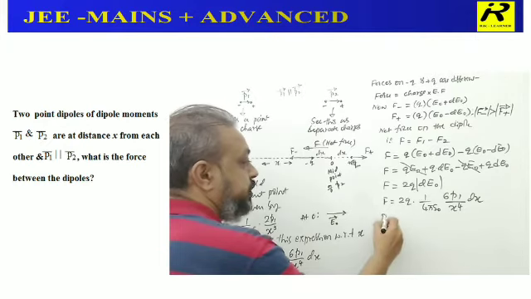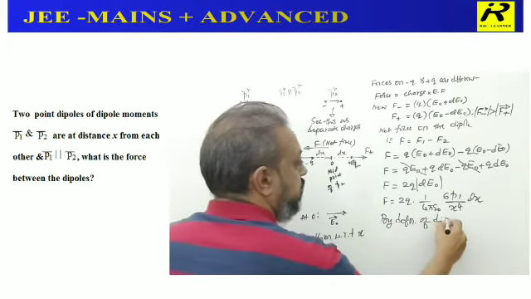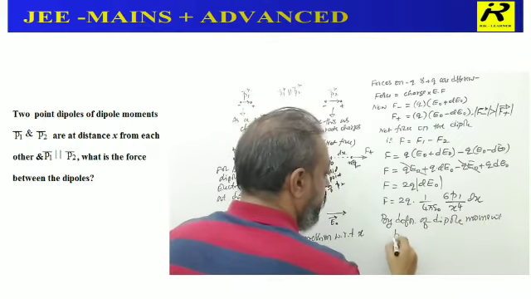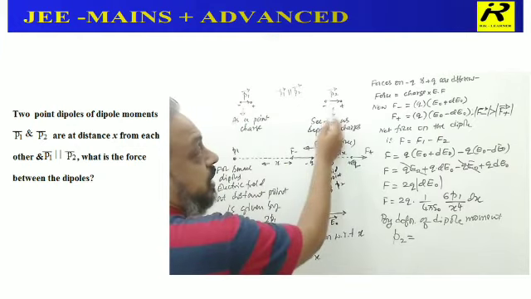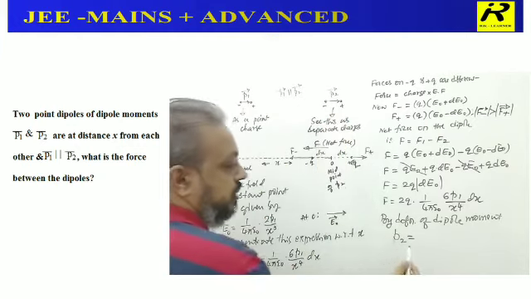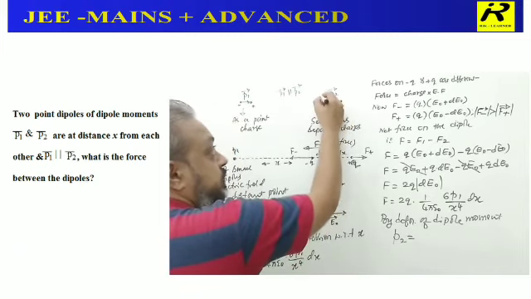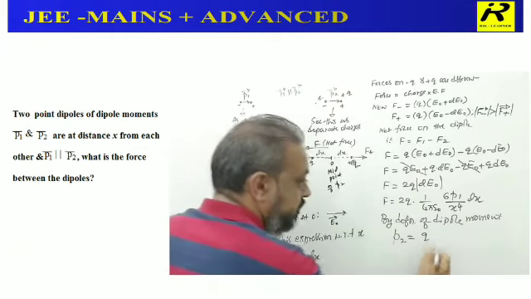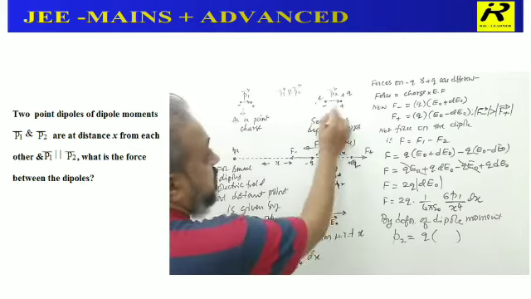Now, by definition of dipole moment, P2 is nothing but the dipole moment of the second dipole, which is the magnitude of either charge, whether it is minus q or plus q, multiplied by the distance between the two charges.